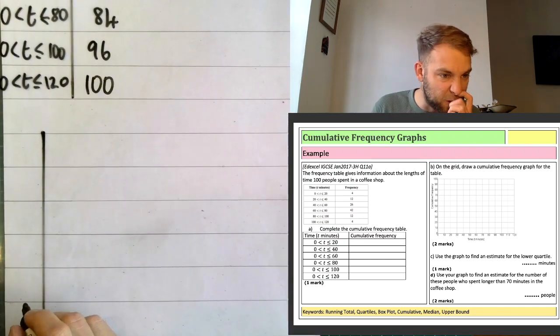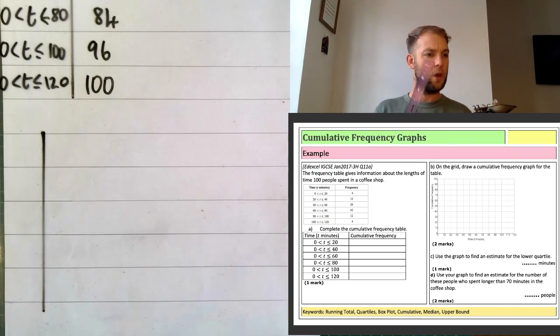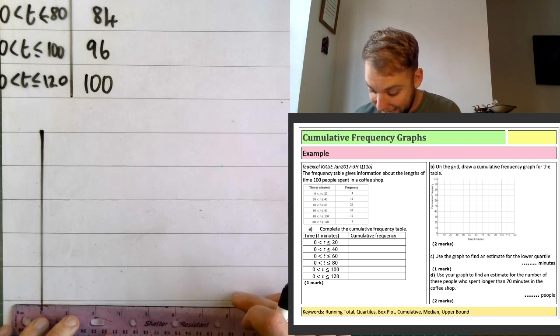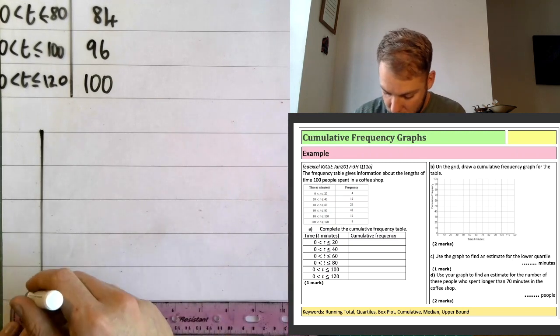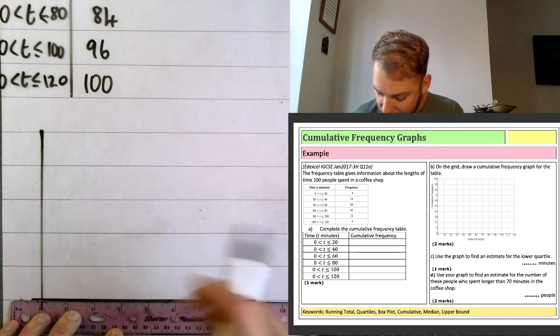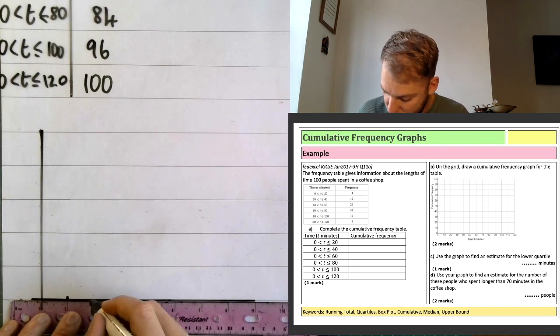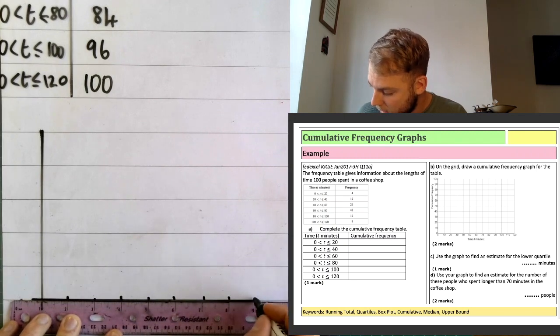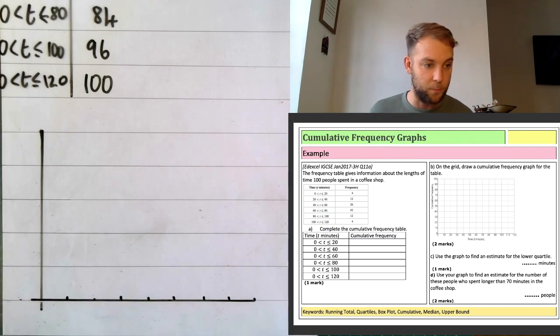And then how far across do I need to go? I need to go from 0 to 120. So I'm going to go across in 20s again, using the inches on my ruler. It doesn't matter what units you use, as long as they are evenly spaced. So I'm just going to use the inches on here. Notice I'm not using square paper. You can do this yourself at home.